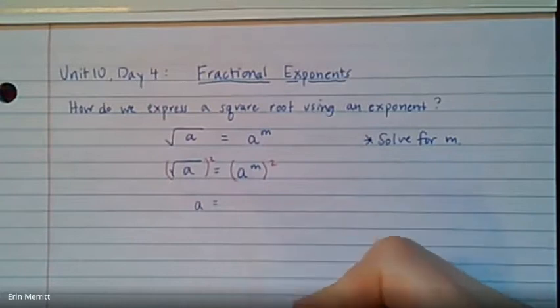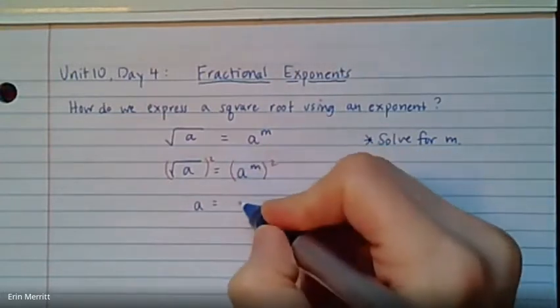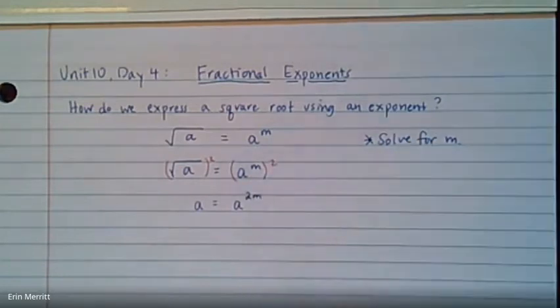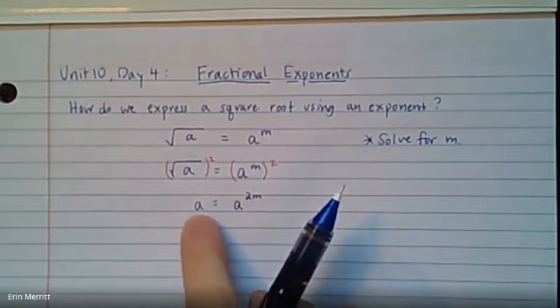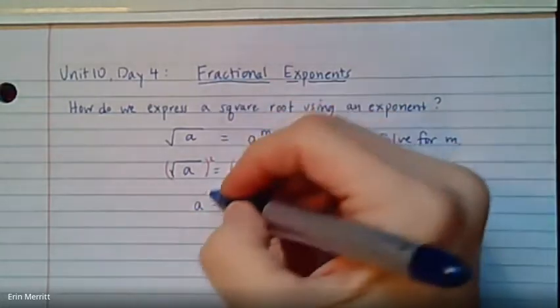On the right-hand side, power raised to a power, we would multiply. So I would get a raised to the m times 2, or 2m. For the next step, my bases are the same. This is an a, this is an a. That means the exponents have to be the same for them to be equal. The exponent on the left side, if I don't see it, is just a 1.